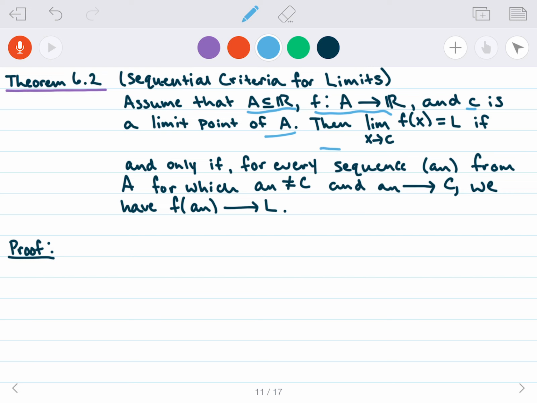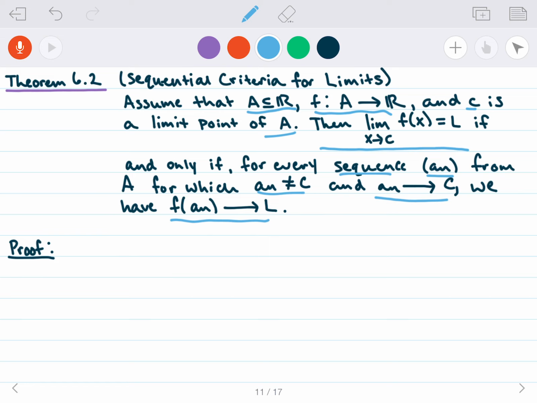The limit as x approaches c of f(x) is L if and only if for every sequence a_n, with a_n not equal to c for all n, where a_n converges to c, we have that f(a_n) converges to L.